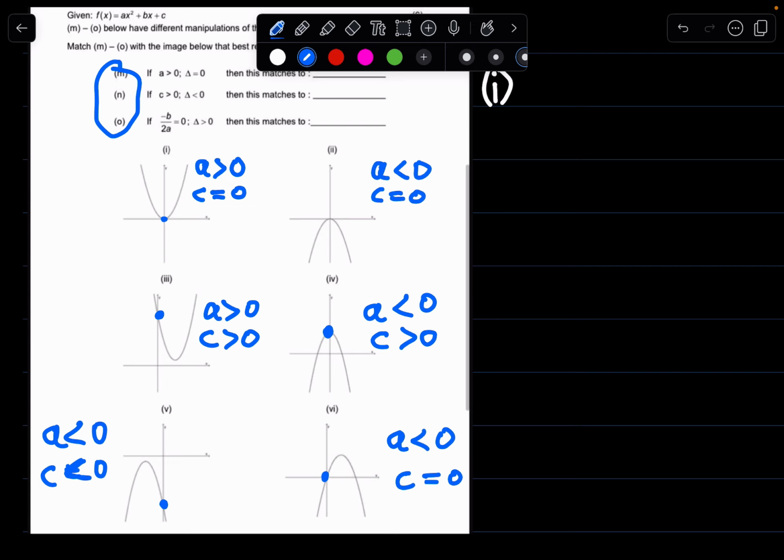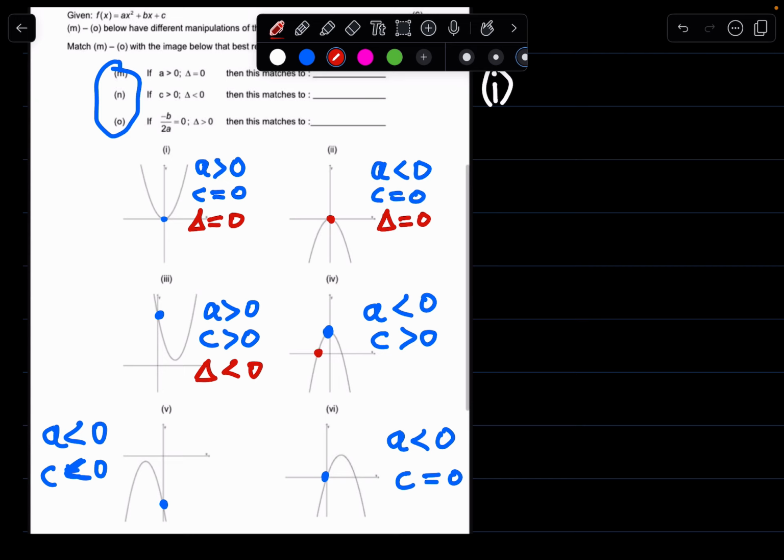Right. Now let's talk about the discriminant. On the first graph, the discriminant equals 0 because we're touching the x-axis only once. Also, the second one, the discriminant is 0 because we're touching the x-axis only once. On this one, delta is less than 0 because we do not touch the x-axis at all.